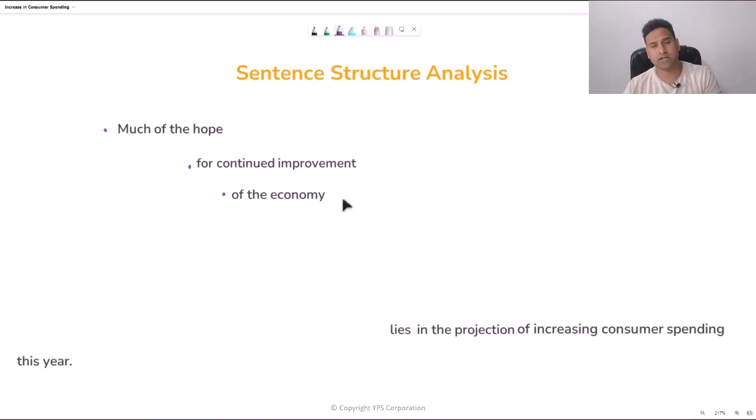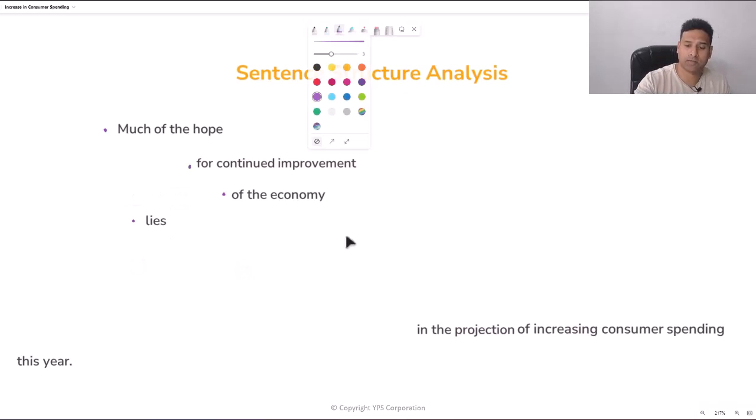Lies in the projection. Lies. So we have the verb here finally, lies, and this is the verb for the subject. Let's mark the subject in blue, and then we also have the verb lies, so let's mark that in green.